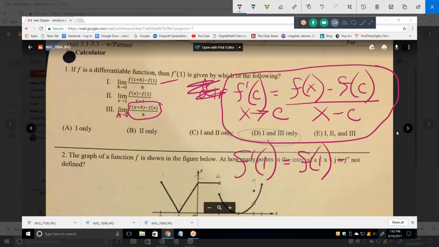F prime of c is the limit of f of x minus f of c all over x minus c as x goes to c.